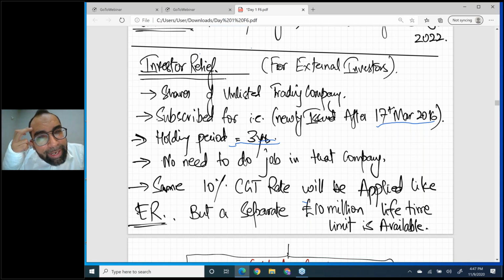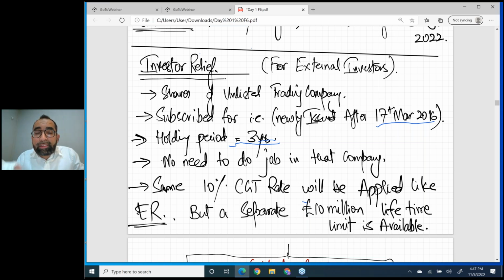And if your mind is working, just add 3 years after 17th March 2016, so it will come to 17th March 2019. And 17th March 2019 means the close of our fiscal year. That's why this topic is applicable from this fiscal year. No need to do a job in that company.